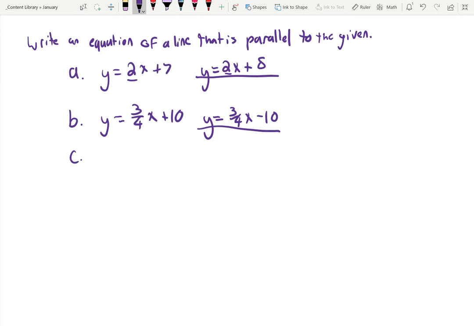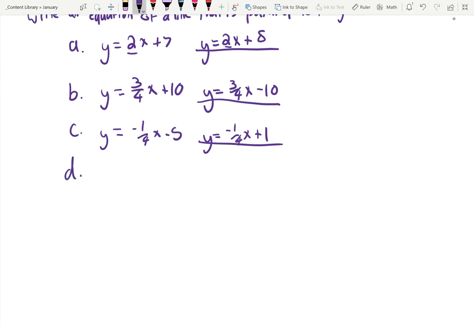So here's another one. We'll do 2 more of these, just again, good practice. -1/4 x minus 5. A line that would be parallel to that. Remember, same slope, so it would have to be -1/4 x as well. And then let's say plus 1, just something different, a different y-intercept than -5. So again, same slope, -1/4, but a different y-intercept, and it's parallel. And we'll just do one more.